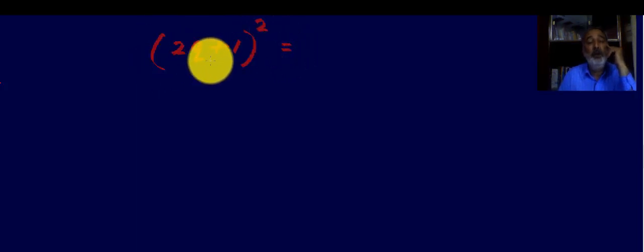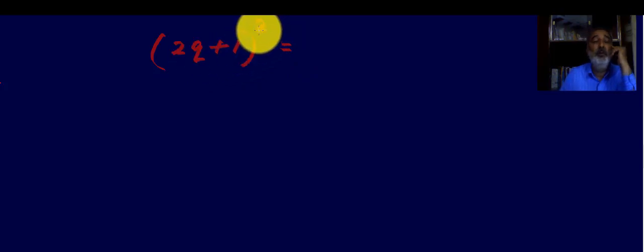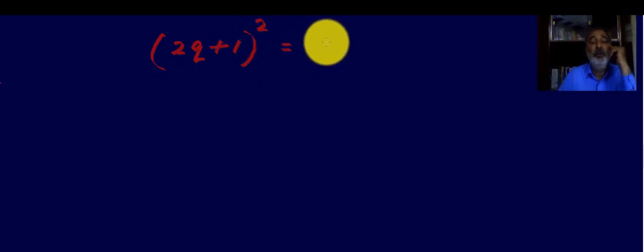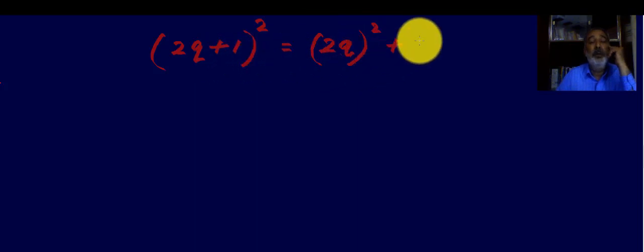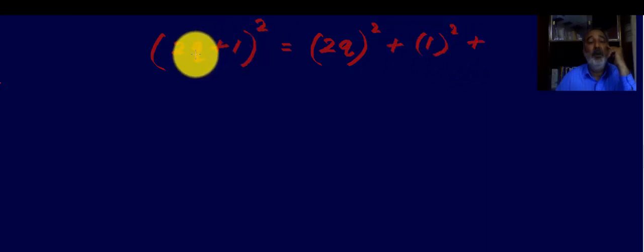Then you have to apply your (a plus b) whole square formula: square of a, meaning the first term, square of b, the second term, and the sum plus 2 times the product of these two numbers, 2 multiplied by 2q into 1.